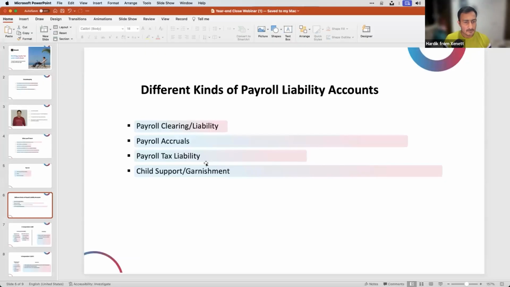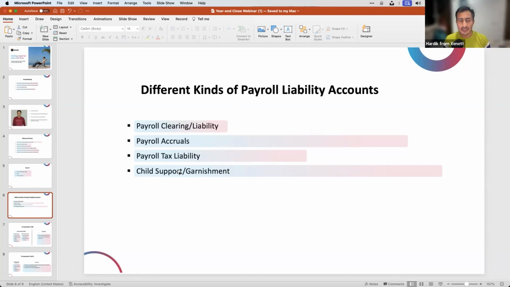All right. Now this is not so common: child support and garnishment. But the reason why I have covered it today is that I have seen a lot of people make this mistake, where at times you might see a category called child support or garnishment, and instead of recording it as a separate liability account, people might just merge it with the payroll tax liability.